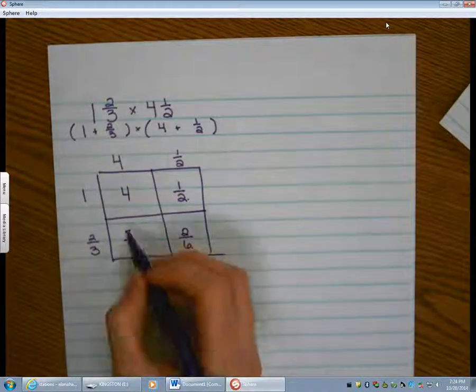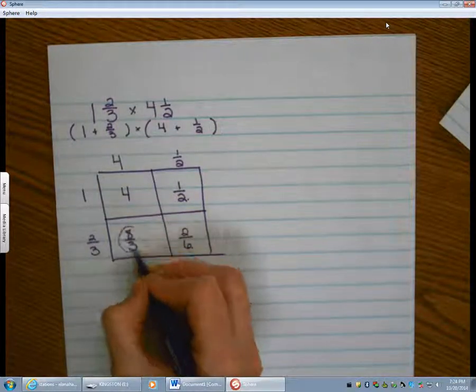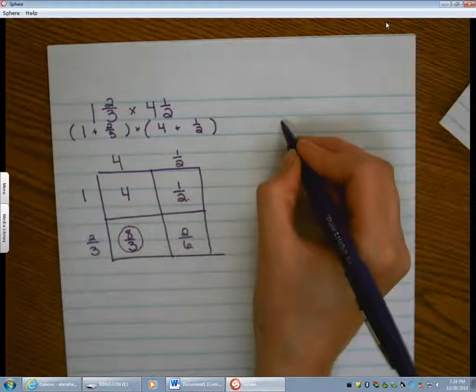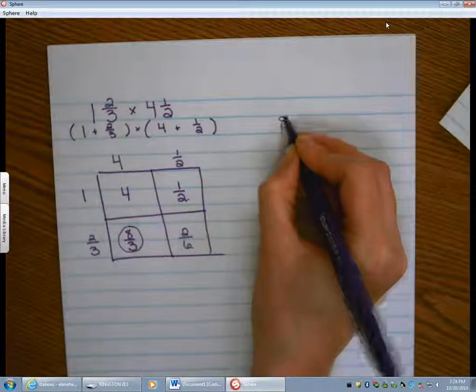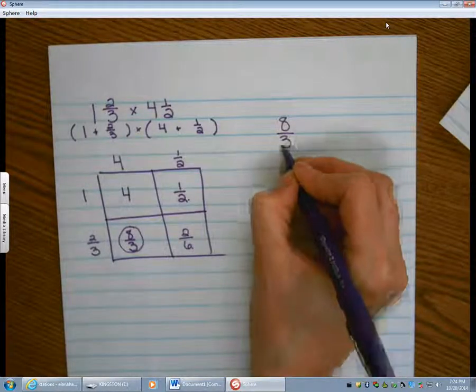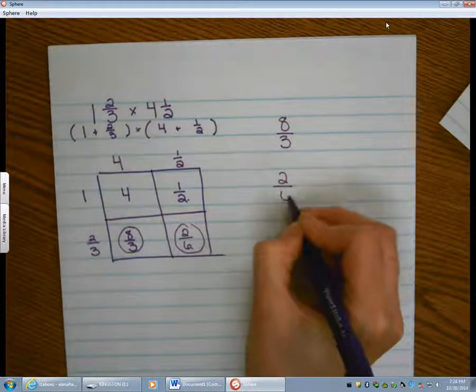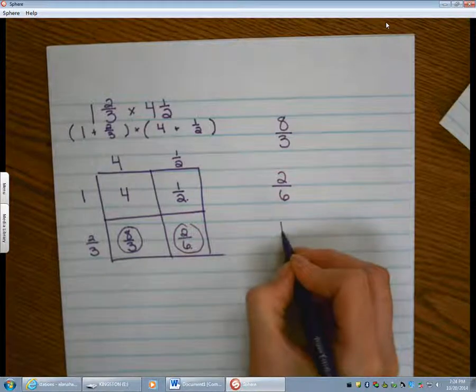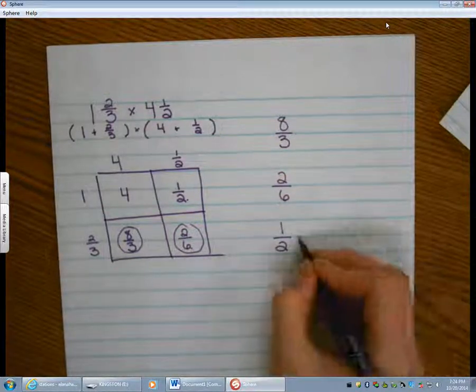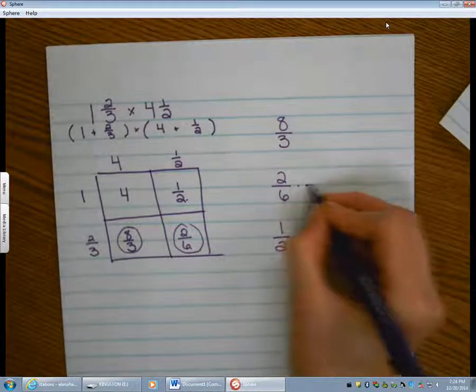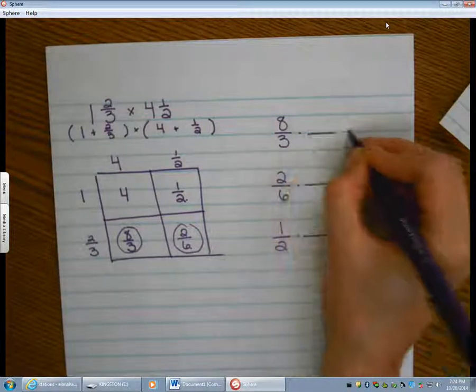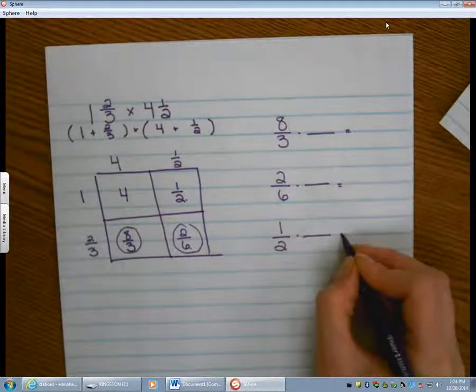So I'll start by adding my fractions together. 8/3, 2/6, and 1/2. And again, you should pause the video and make your equivalent fractions with a good common denominator, because this is something that we're confident with at this point.